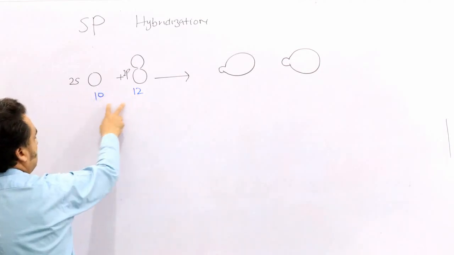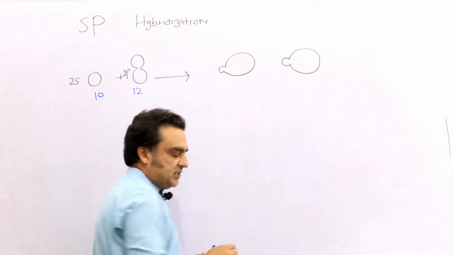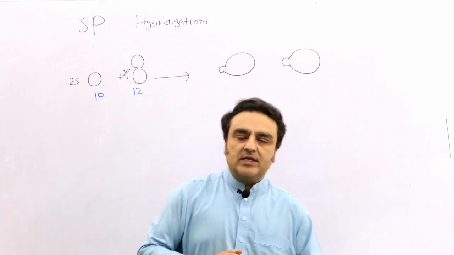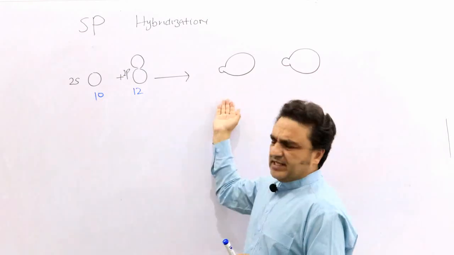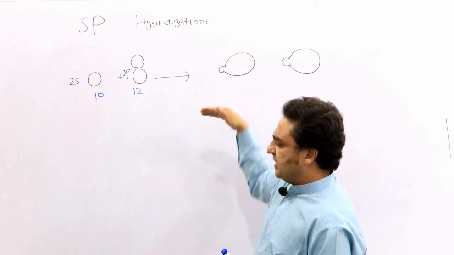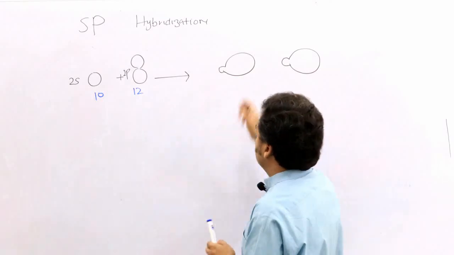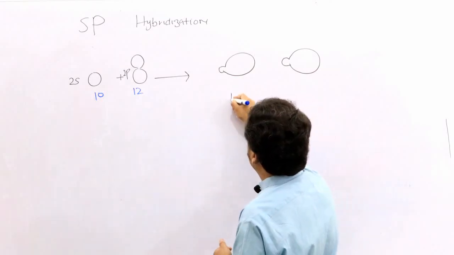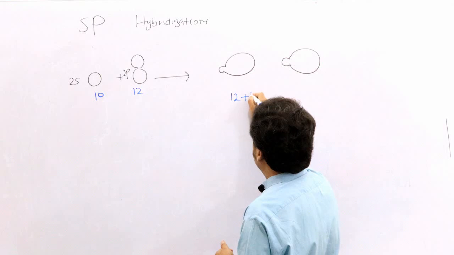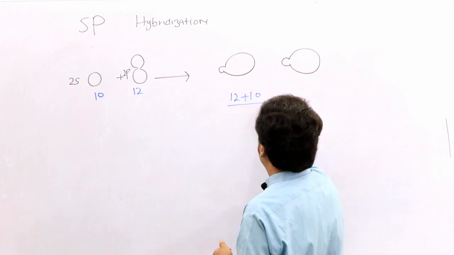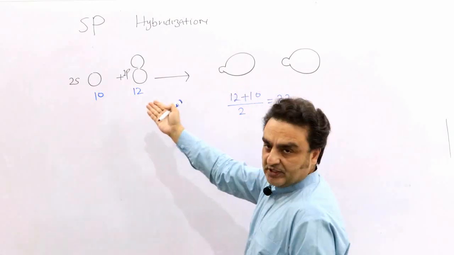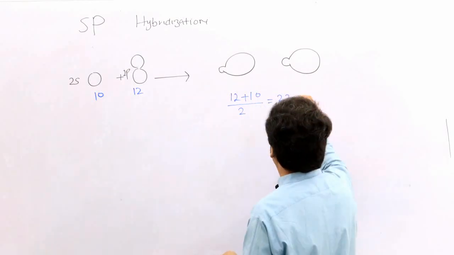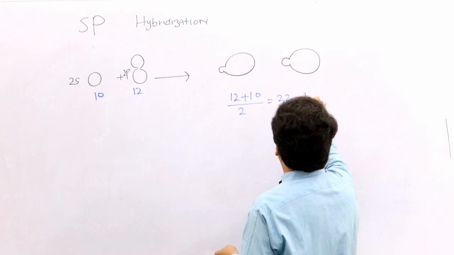When those two mix and produce two weighted averaged orbitals, what will be their energy, and to whom will its energy be near? 12 plus 10 is equal to 22, divided by 2, because we mixed 2, so it's an average, so we'll get 11.